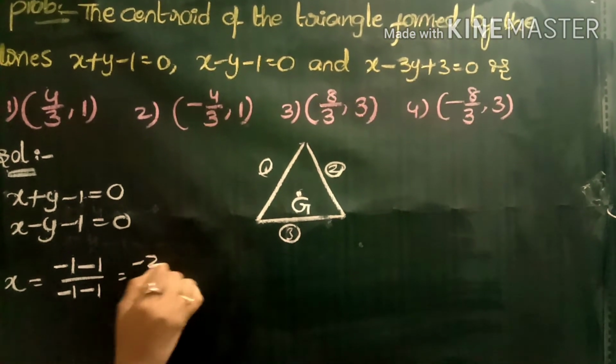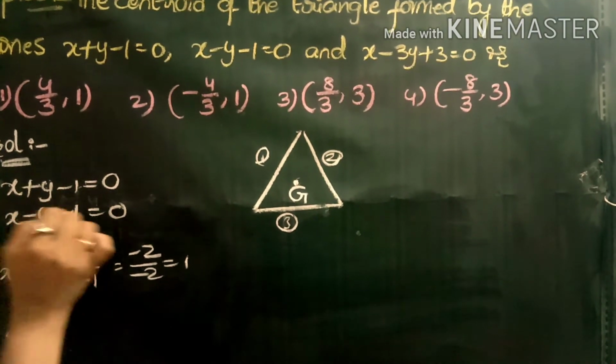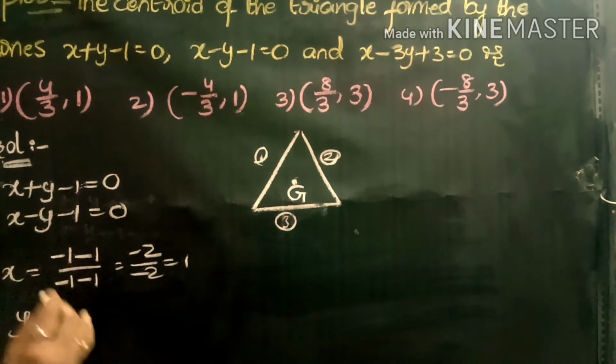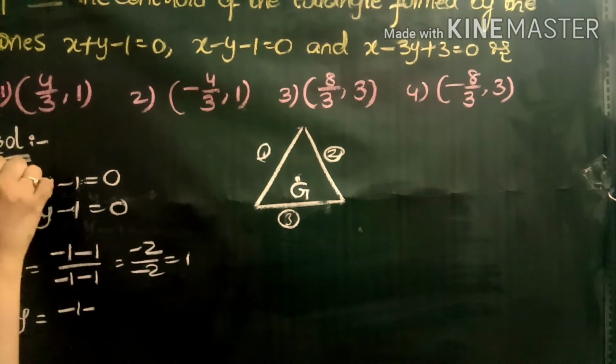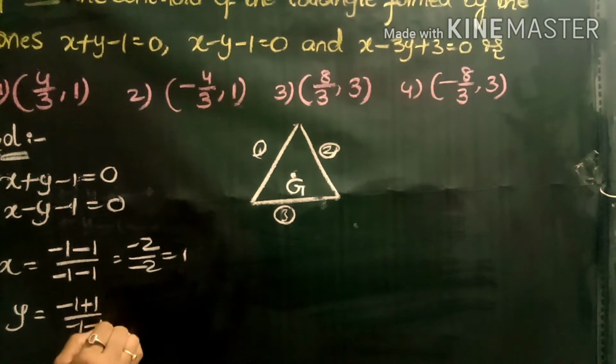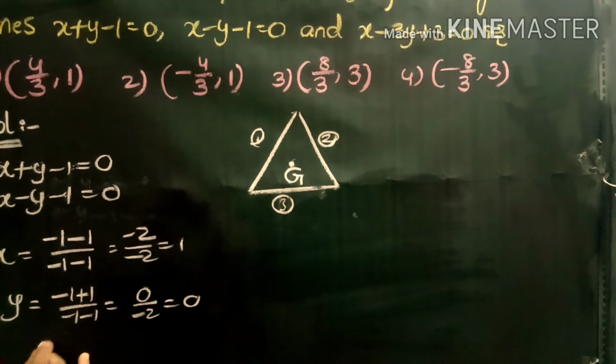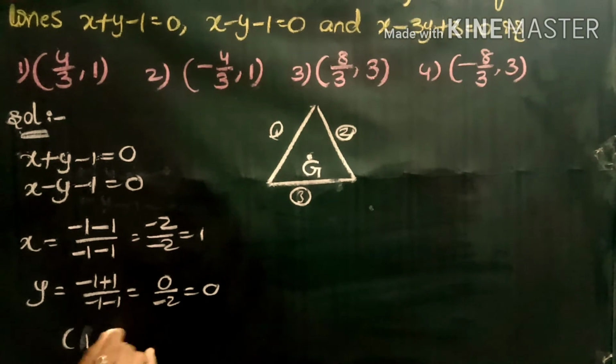That is minus 2 by minus 2 equals 1. And the y value is (c1 a2 minus c2 a1) by (a1 b2 minus a2 b1), which is minus 1 minus 1, that is 0 by minus 2 equal to 0. So the first point is (1, 0).